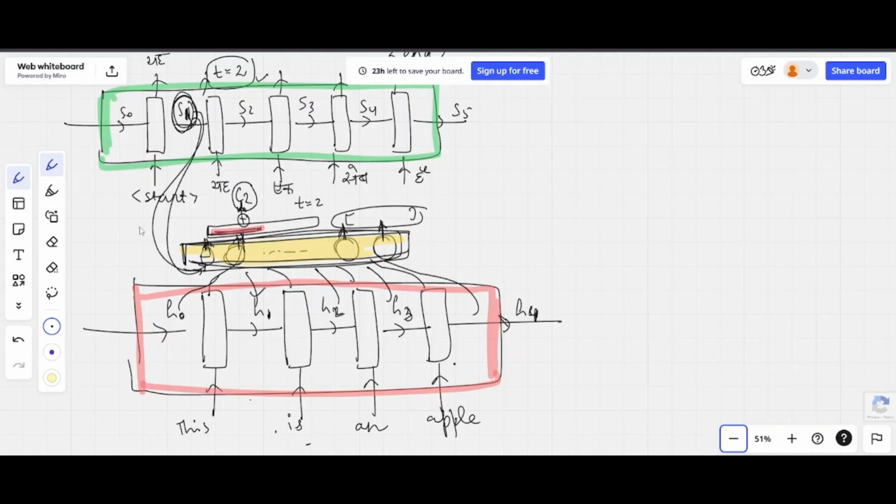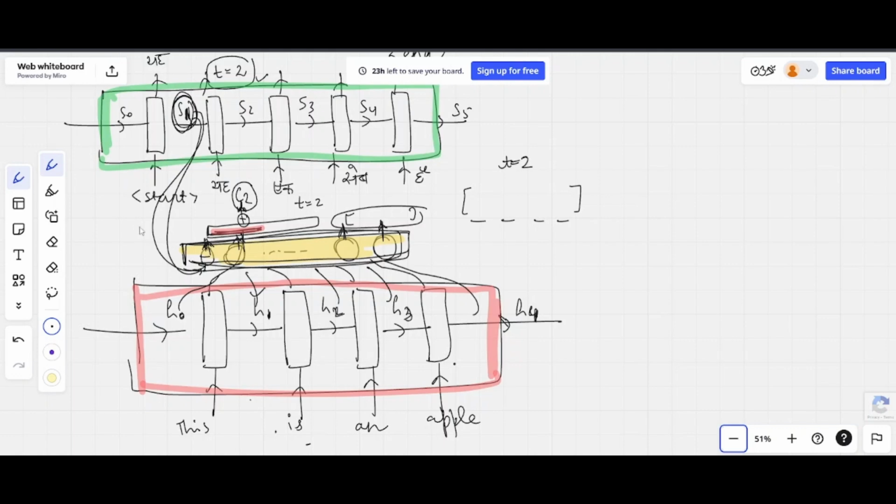That is why we pass it through the softmax layer. Because of the softmax activation function, the final vector that we get has elements whose sum is equal to 1. And that vector is actually the weights at time step t equals 2.